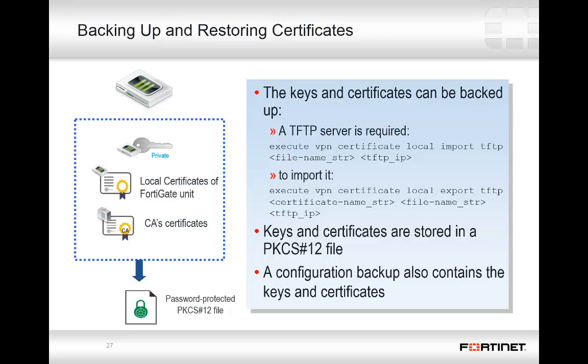We can also restore it to any other FortiGate regardless of the model or firmware version. A backup of the FortiGate configuration also contains the keys and certificates. However, in the case of a configuration backup, the restore can only be done to a FortiGate unit of the same model and running the same firmware version.